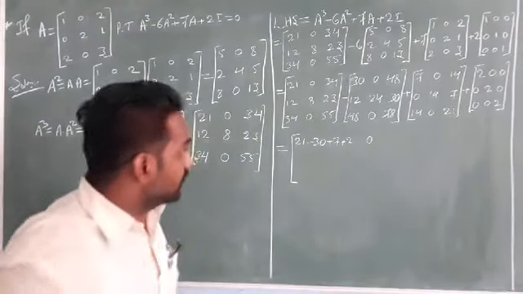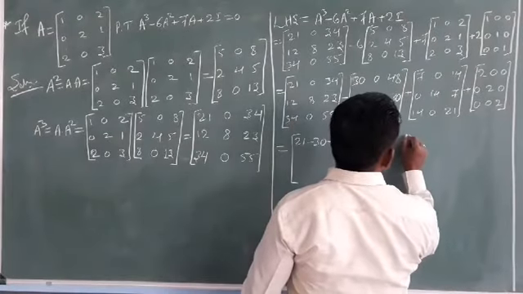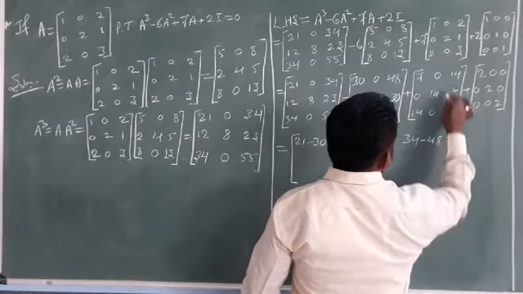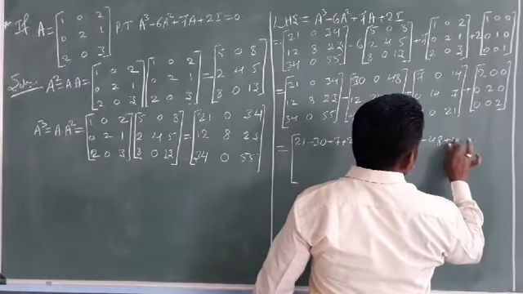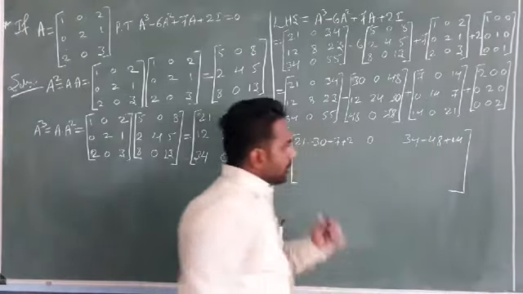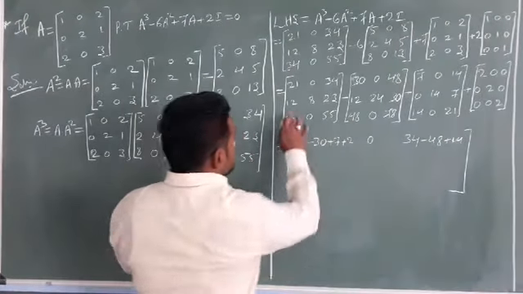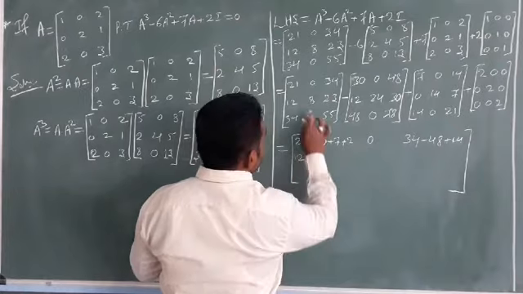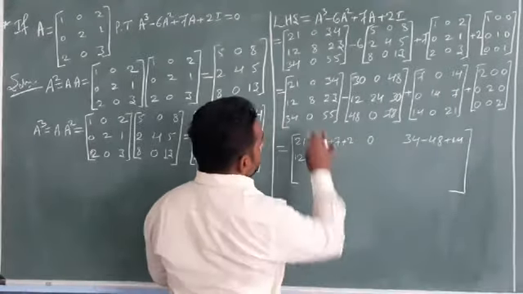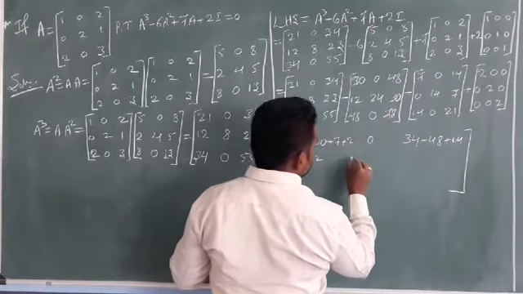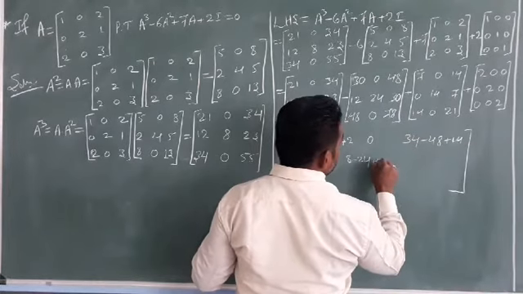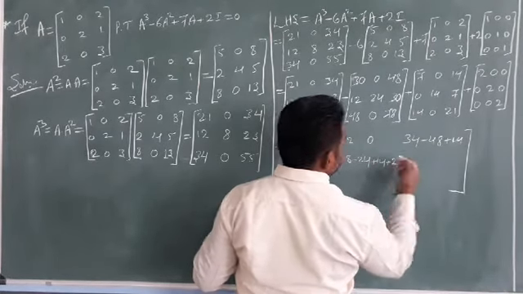Okay. Next, 34 minus 48 plus 14 plus 0. Next, 12 minus 12 plus 0 plus 0. Okay, finish. 8 minus 24 plus 14 plus 2.